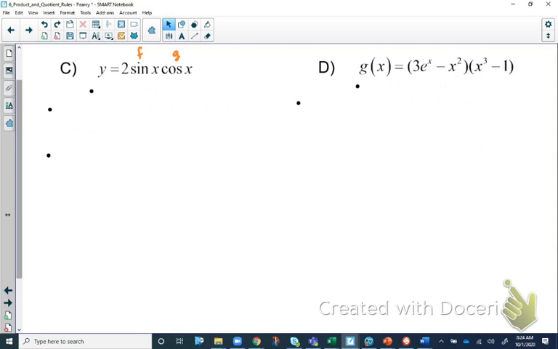So here in this case I'm going to say y prime will be equal to the derivative of the first part, in this case the derivative of sine, which is going to be 2 times the cosine of x, times the cosine of x, plus the 2 sine of x, and the derivative of cosine is a negative sine of x.